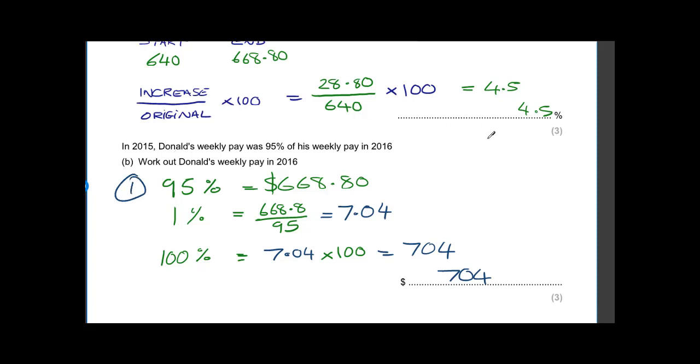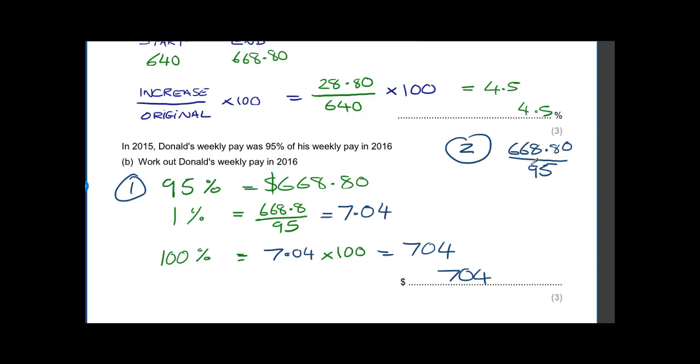Second method you could do is, well, if 668.8 is 95%, to get 1% you divide it by 95, and to get 100 you multiply by 100. That's what we do, divide by 95, multiply by 100.